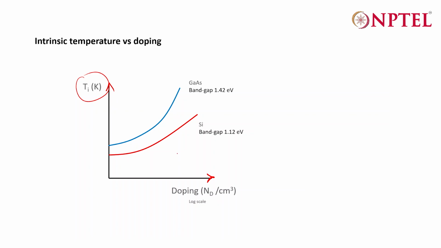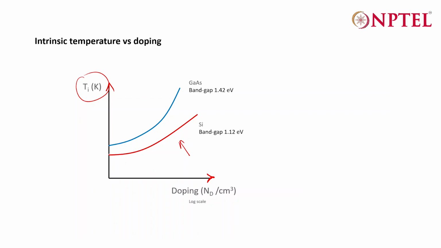So we have already shown a plot of Ti with the donor concentration Nd. This is not to scale. You can look at the different reference books that I have suggested; there you'll probably get this intrinsic temperature versus doping plot with scale, with numbers. But I have shown you the trend with doping.